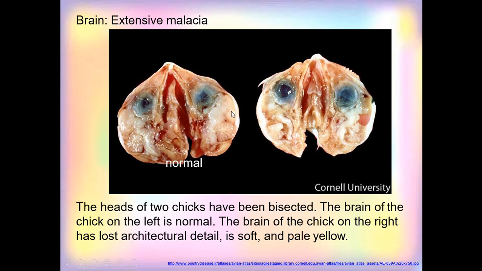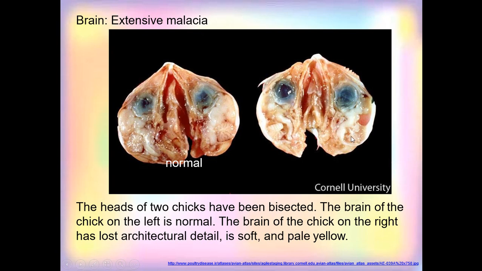Can you see here, this is the normal chicken. We cut the chicken head in half so we can see the shape of the brain here. This is the cerebrum, and this is the cerebellum. It's the normal formation of cerebrum and cerebellum, and the border between cerebrum and cerebellum can easily be seen.